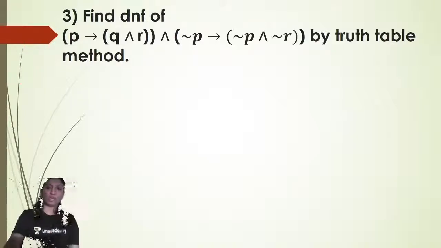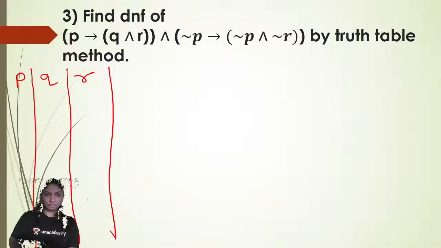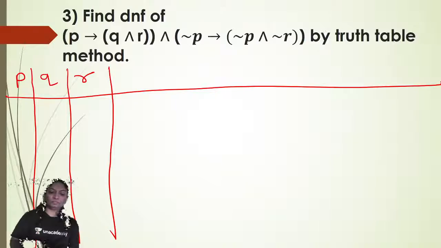So for P, Q, R, here is P, Q, R. We require negation of P also.